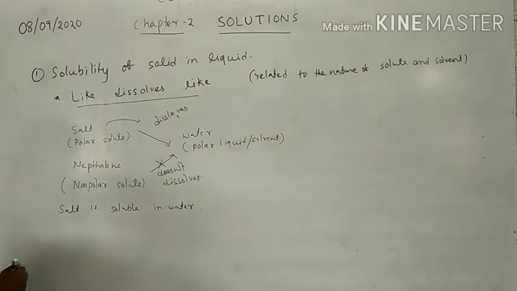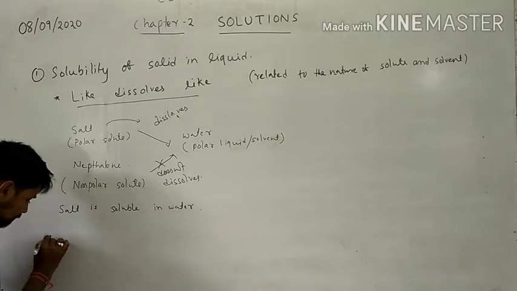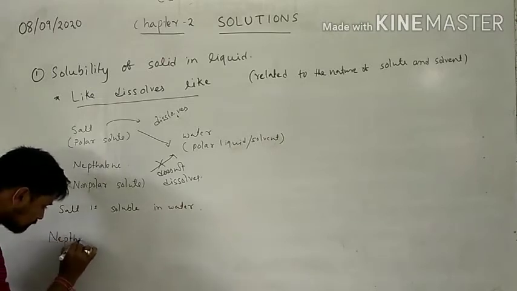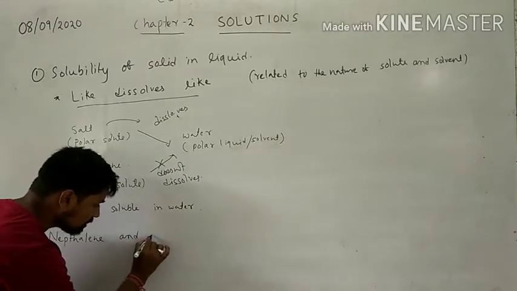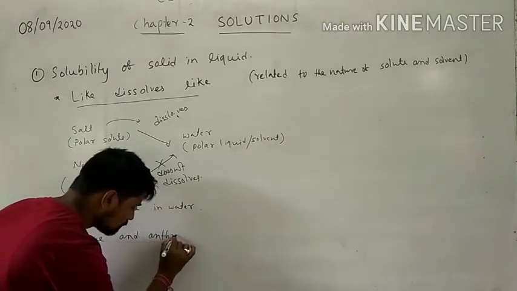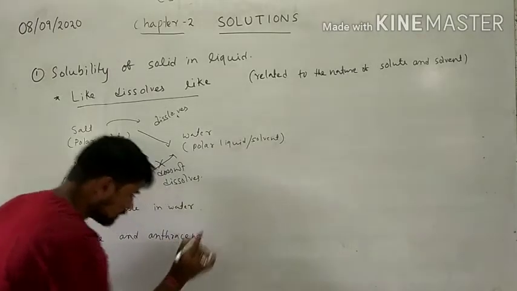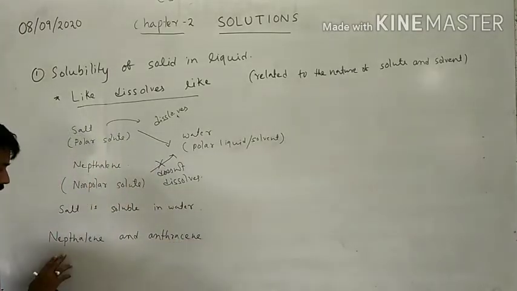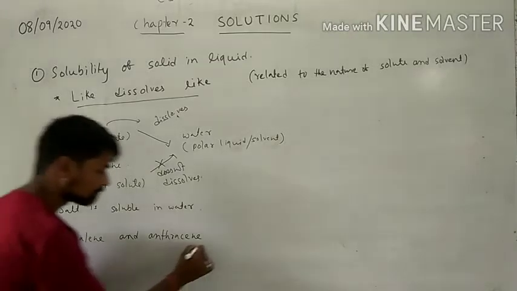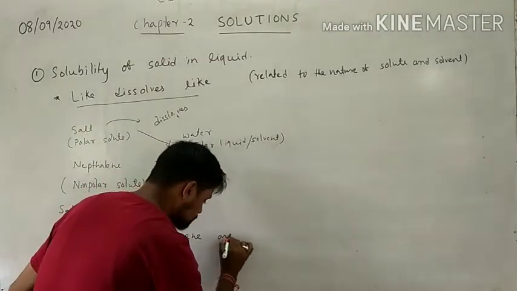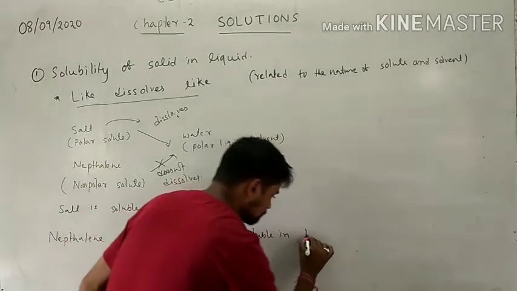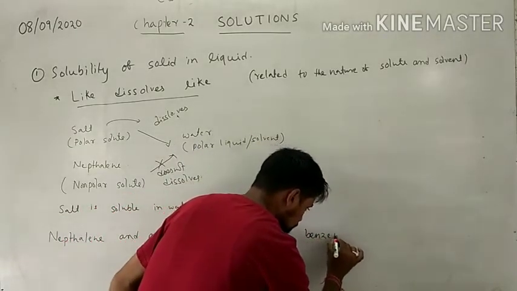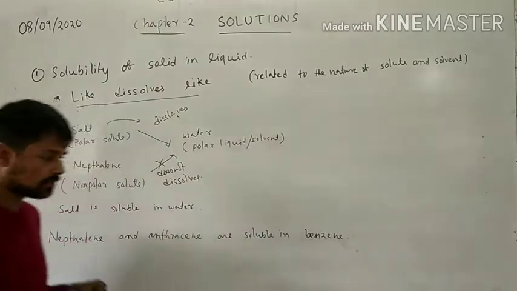On the other hand, naphthalene and anthracene, they are non-polar, are soluble in benzene, which is also non-polar.